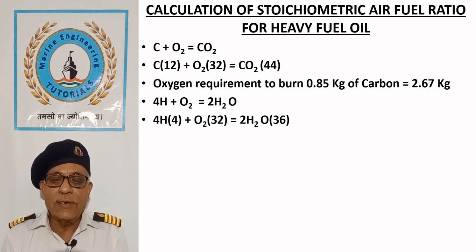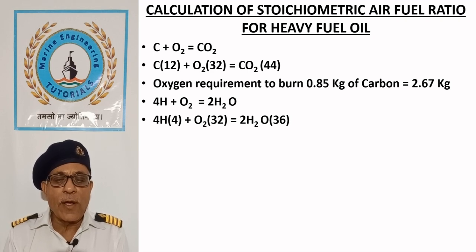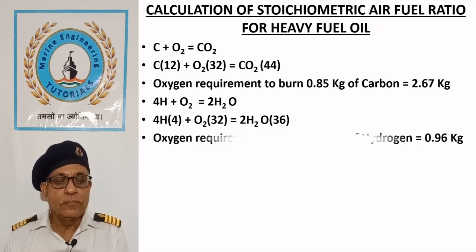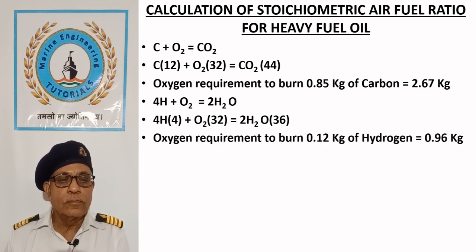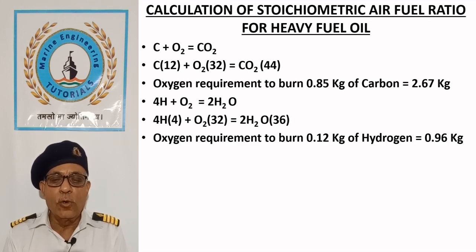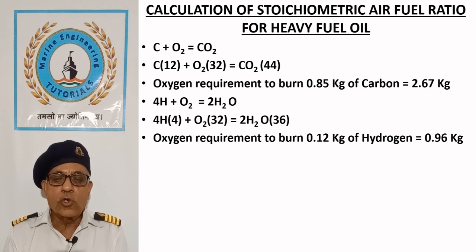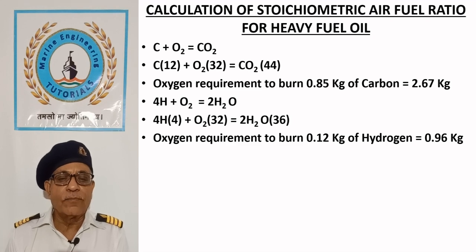Substituting their atomic weights in the equation, we can say that 4 kg of hydrogen combines with 32 kg of oxygen to form 36 kg of water vapor. As hydrogen percentage in the fuel is 12%, oxygen requirement for burning 0.12 kg of hydrogen can be worked out as 0.96 kg.